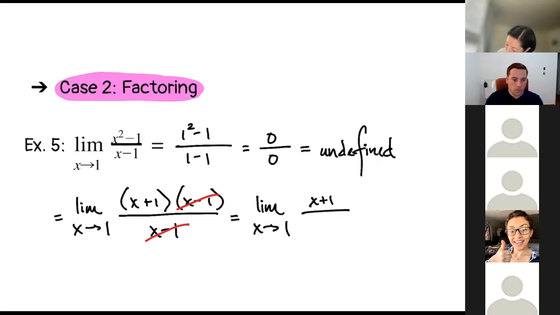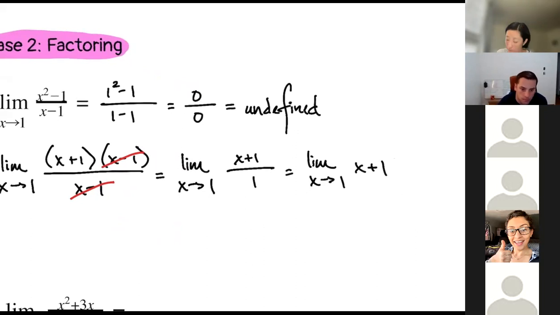And a lot of us might write that as just x plus 1, and that's absolutely fine. Now let's try plugging our number back in. Perfect, nice job, Sophia. We've got a 2.